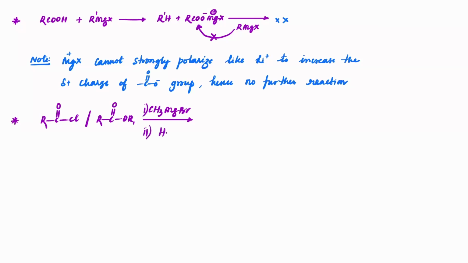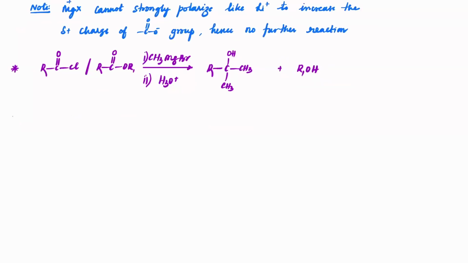In that case, you'll get a tertiary alcohol. So we'll get OH, CH3, CH3. And another alcohol which you will get is this one. This is the one which you will get. Same goes with anhydrides, so we don't have to rewrite again and again. Clear?